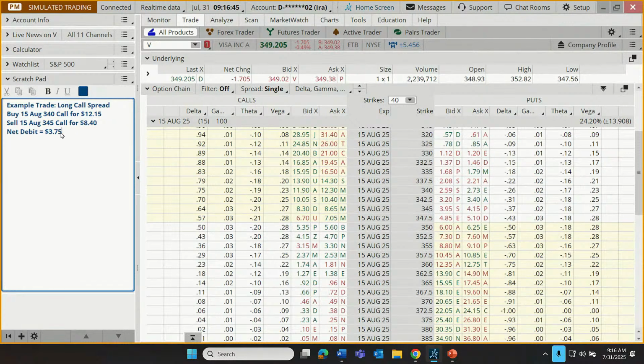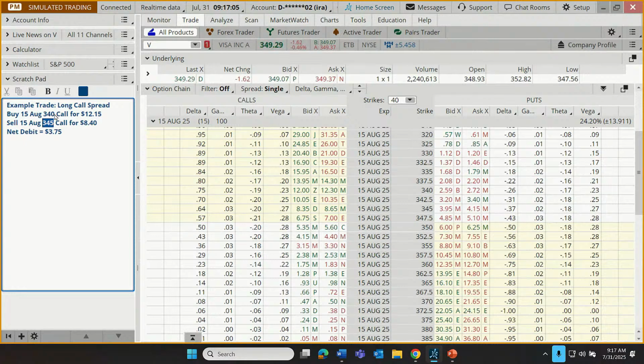So what have we net accomplished with our $3.75? Well, because of the $12.15 we spent, we have the right to buy shares for $340. But because we took on an obligation as we sold or collected the $8.40, someone else has the right to buy those shares from us for $345.